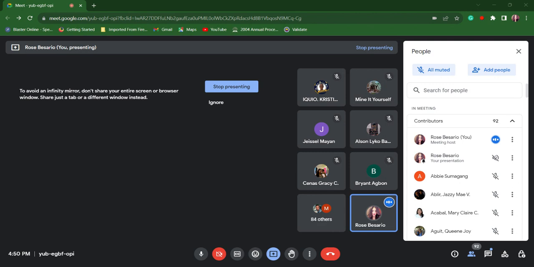Okay, so posted na. So we'll get the total. Okay, so this is na your adjustments. So next na tong buhaton is we will compute for the adjusted trial balance.